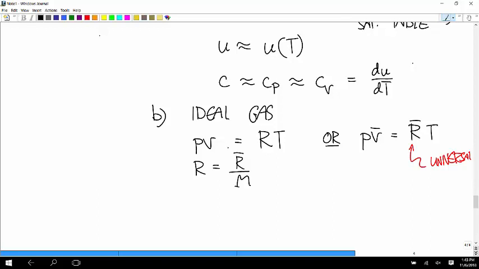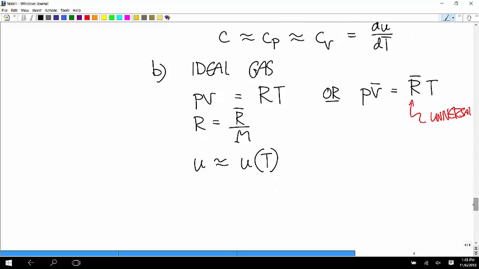And the big assumption that we make with an ideal gas, besides the ideal gas law, is that the internal energy is treated as a function of temperature. And therefore, let's see.